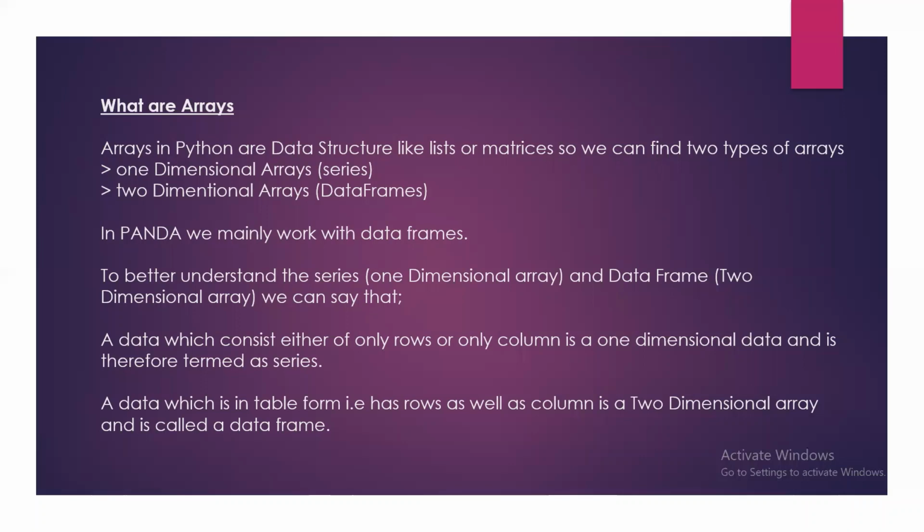Data which consists of only a row or only a column is a one-dimensional data set and is termed a series. And a data set which is a table or matrix with rows as well as columns is a two-dimensional array and is called a data frame.